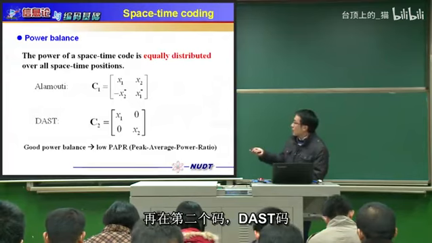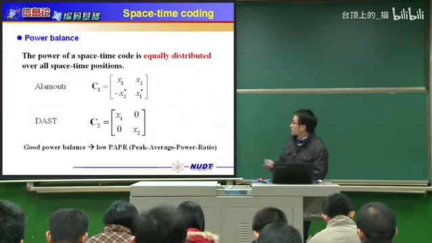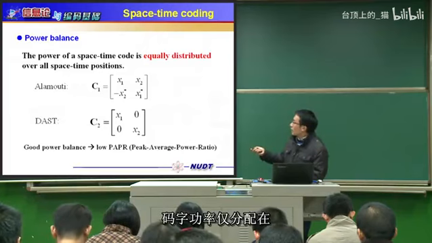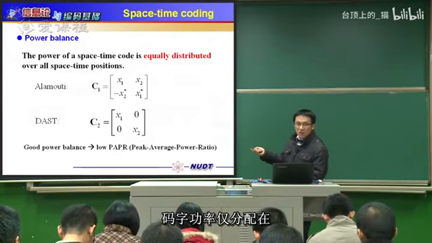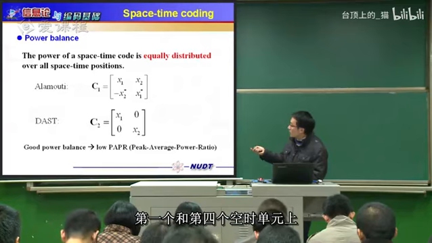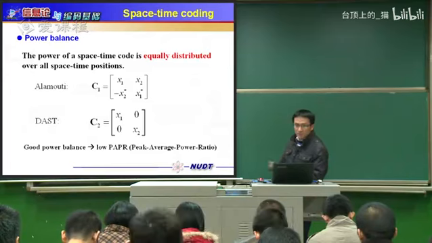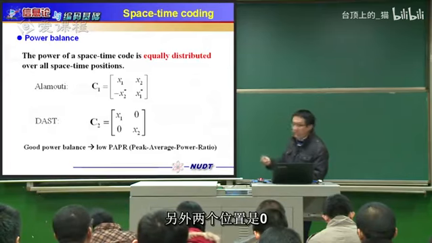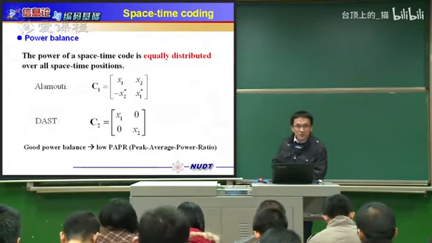But for the second code, which is the DAST code, the power is distributed only at the first position and the fourth position, and the other two positions are 0.